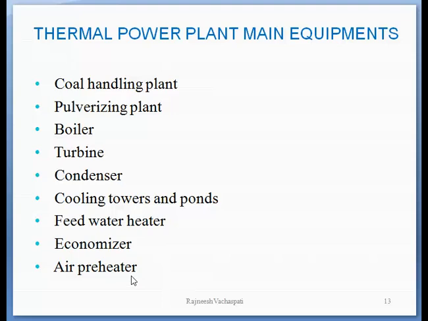The details of these components will be discussed in subsequent classes. However, here we will see in brief the functioning of each equipment.